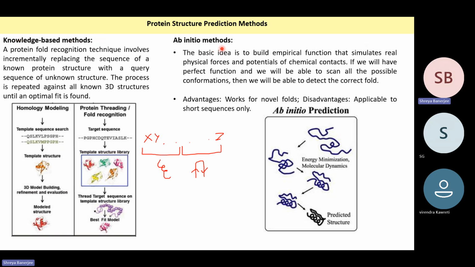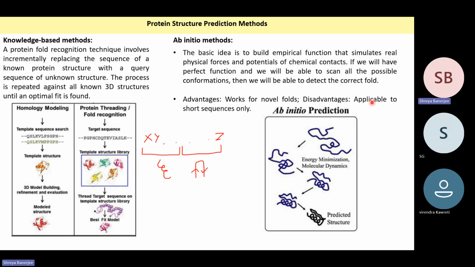Another is the ab initio method, where the basic idea is to build a function that simulates real physical forces and potentials of intermolecular interactions. So we will have a function which will be able to predict the different interactions between the different amino acids, and by energy minimization and molecular dynamics, eventually it will reach the lowest energy structure, that is the predicted structure.